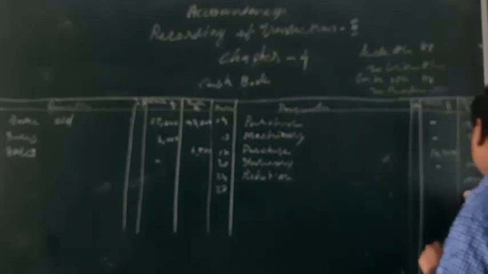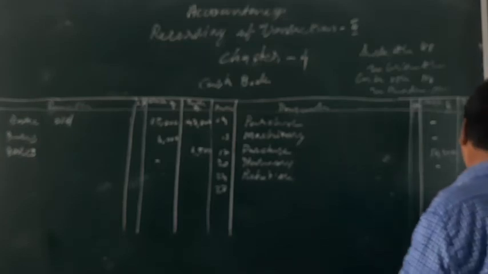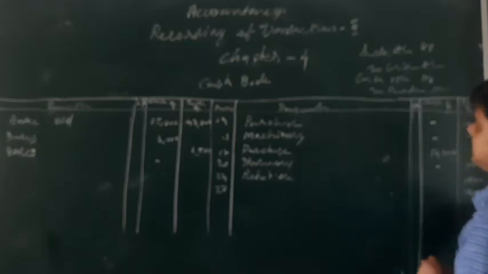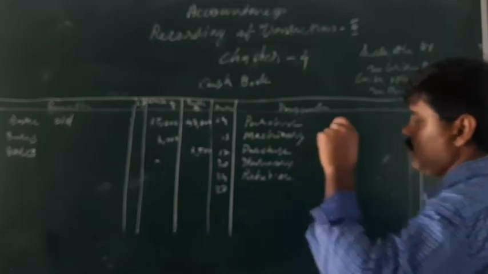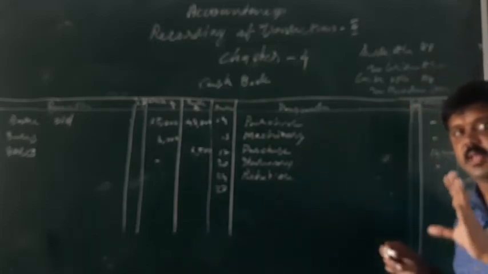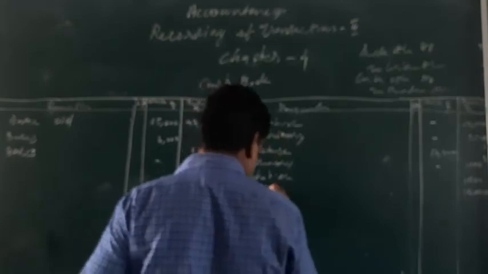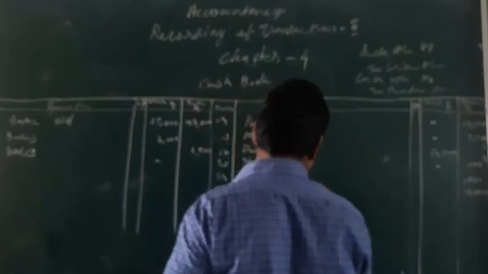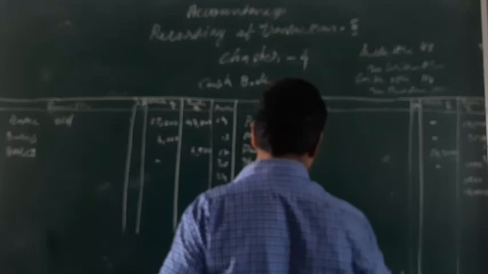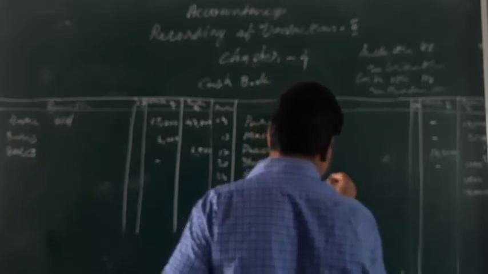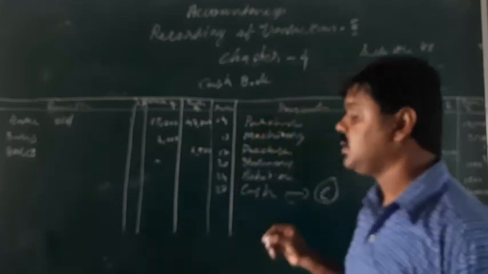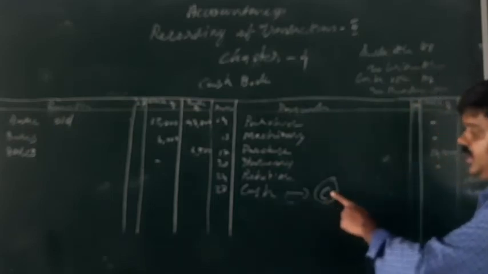How much? 10,000 rupees. That is why we record 10,000 here. What we take in cash, we write here cash, and here we mention C. One C we mention. That means this is a contra entry.